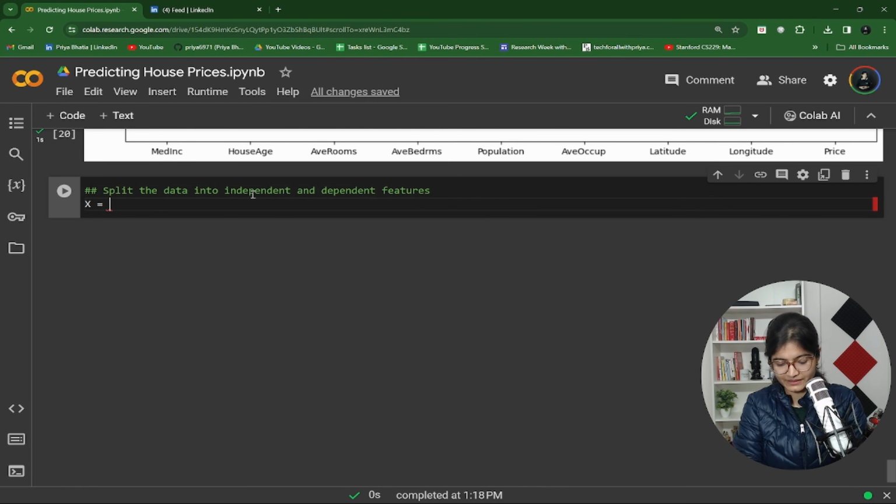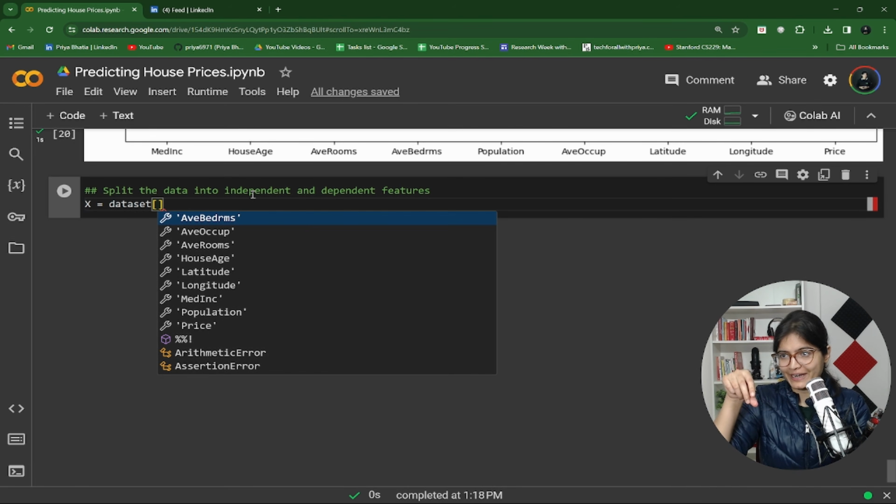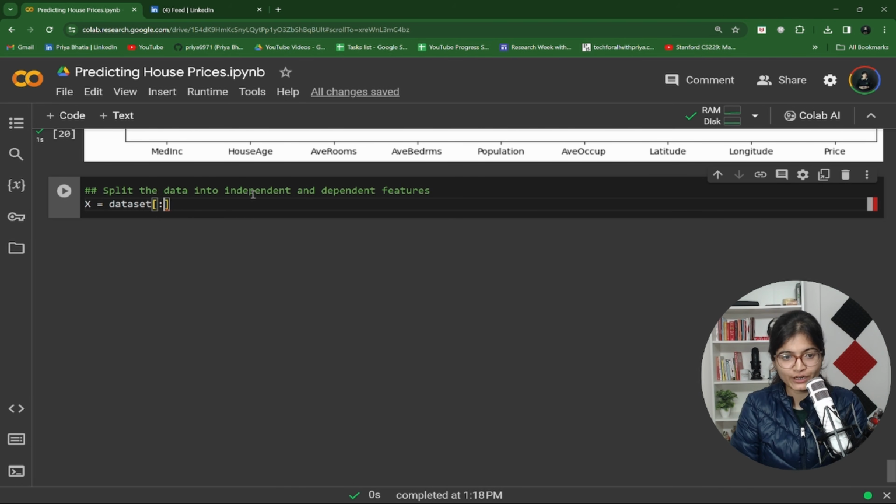There I'll take the data set completely, apart from the last column, which is price. So I will take all the rows and all the columns except the last one.